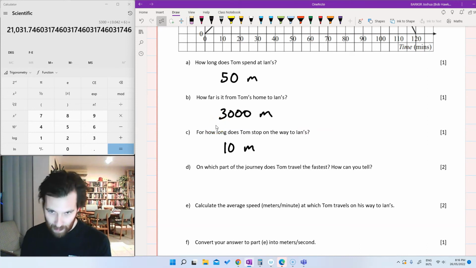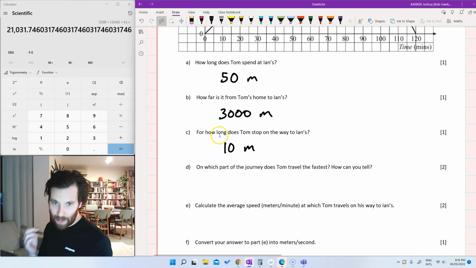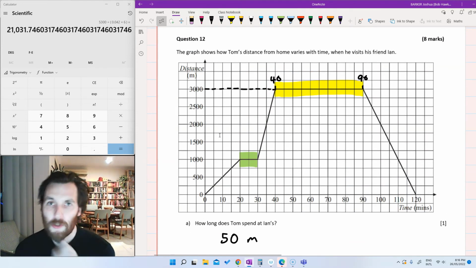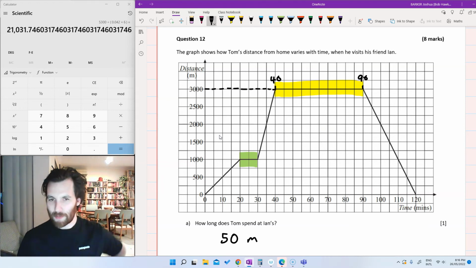On what part of the journey does Tom travel the fastest, and how can you tell? Okay, this is where we start to talk about gradients. If you just follow me for a moment, as he starts here at home and gets to this point where he stops, he travels 1,000 meters, and he does that in 20 minutes.